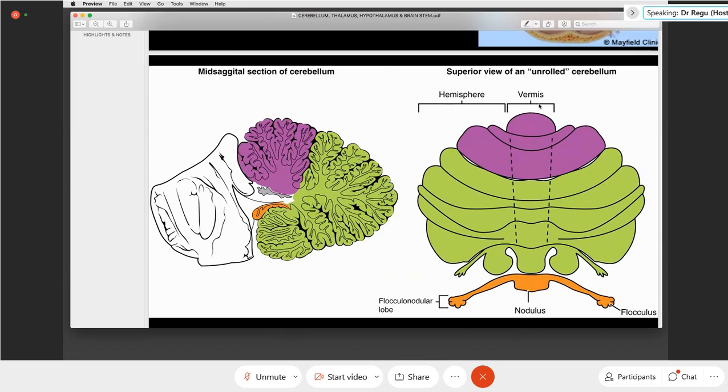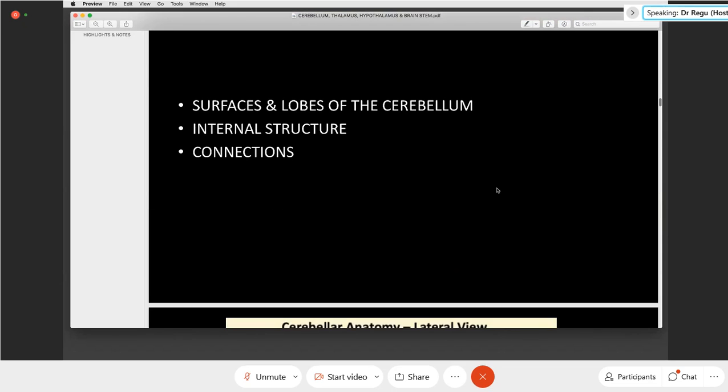So the vermis, just like the structures in the center, controls the central structures in our body, our trunk. The parts of the hemisphere are more related to our limbs. Just as a preview, we'll go into a bit more on the surfaces and lobes of the cerebellum and its internal structure and connections.